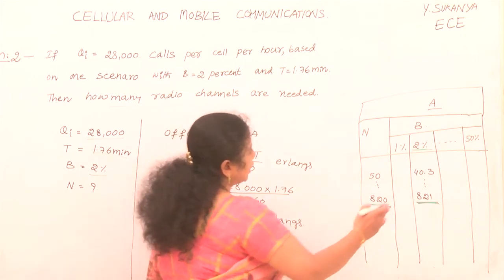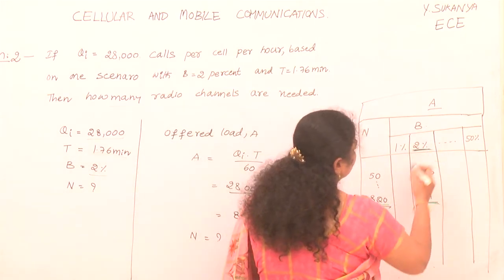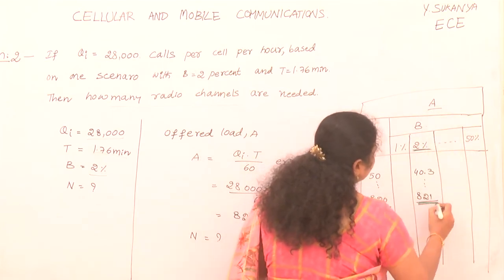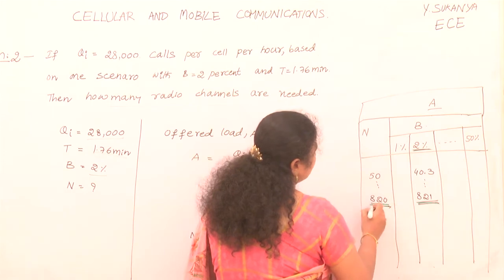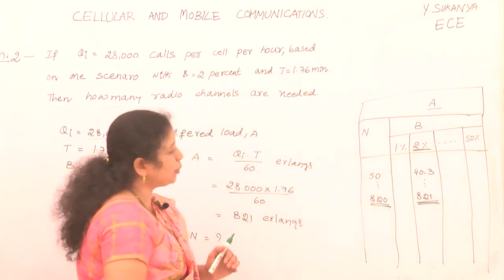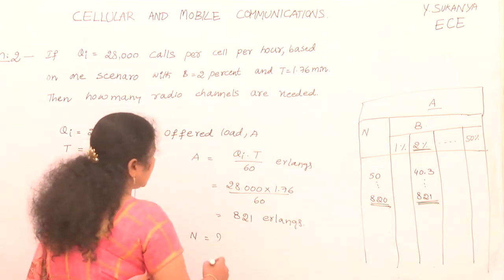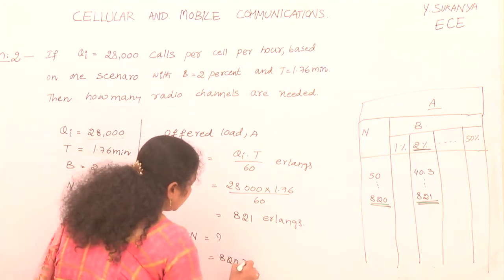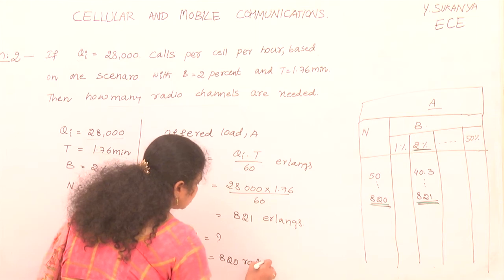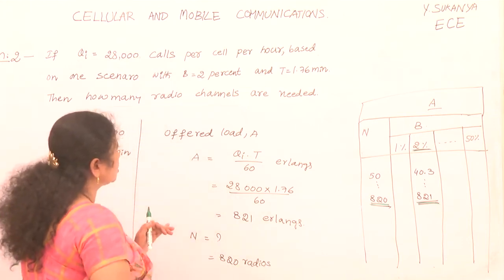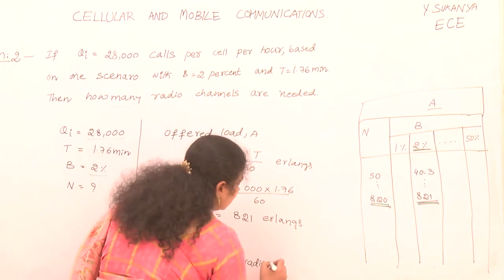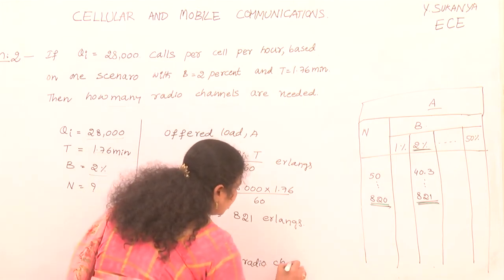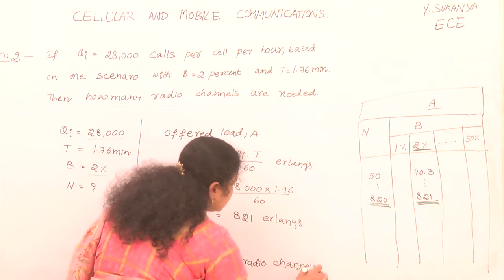So for a given blocking probability of 2% and offered load of 821, it requires a maximum of 820 channels, or 820 radios. Okay, 820 radio channels or frequency channels.